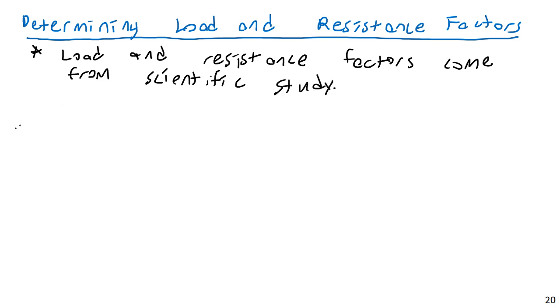So for example, load factors. What might you do if you want to estimate the variability of a load factor? For example, consider live load. Maybe you are designing a room or a building for 100 PSF live load.